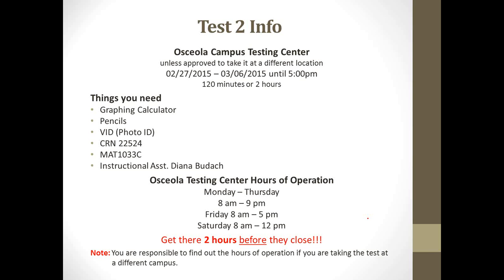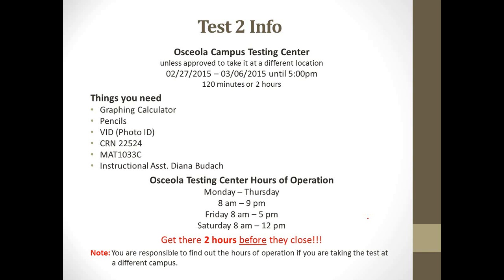So for everybody else that wants to stay tuned and has more questions, this is test 2 info. This is the information about Osceola Campus Testing Center. Remember, if you were allowed to take it on a different campus, you are responsible to find out the hours of operation for that particular campus. Sometimes they have different hours of operation.